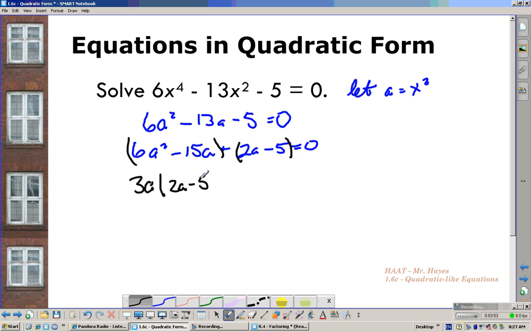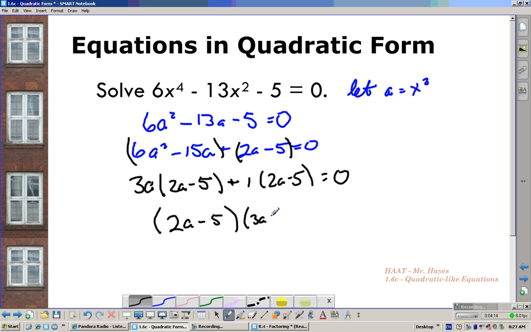Hey, that looks familiar. Now, there's nothing really to pull out here, so technically we're factoring out a 1. Pull the 2a minus 5 out front, and now we know what a is going to be equal to. Now, again, remember, we're not solving for a, we're actually solving for x. That's going to be where the fun is.